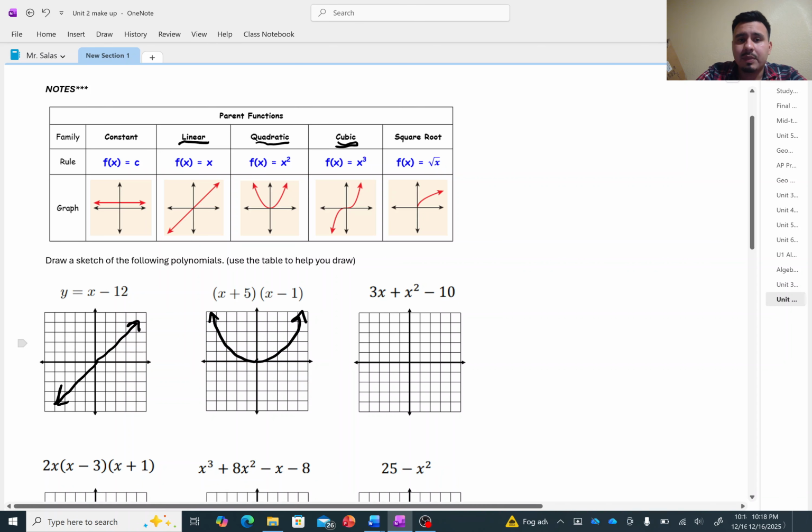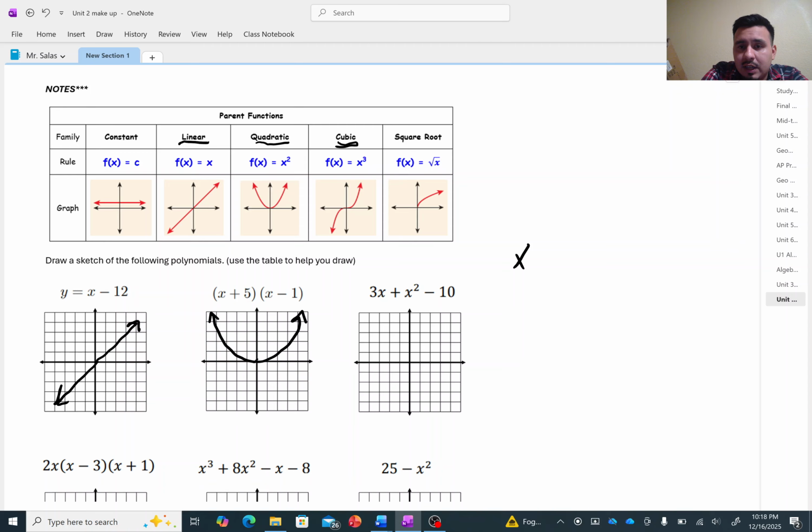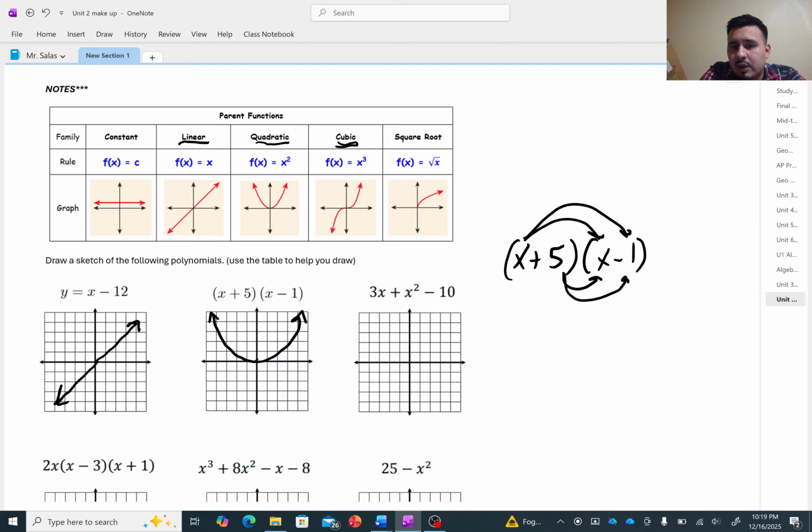I'm done. If you don't believe me, well, let's see. I got x plus 5 times x minus 1. I can multiply this using FOIL or distributive property. So x times x gives me x squared.